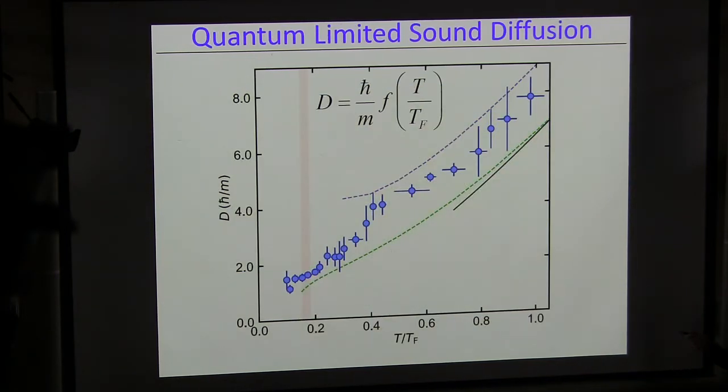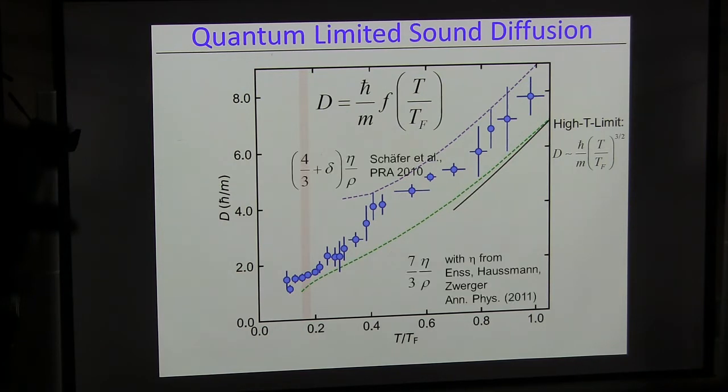This is a measurement of the diffusivity versus temperature in our system. It has all the scales on the order of h bar over m, and it keeps going down. And at high temperatures, well, it's not inconsistent with the limit that you expect for a thermal gas that has this unitarity-limited scattering cross-section.